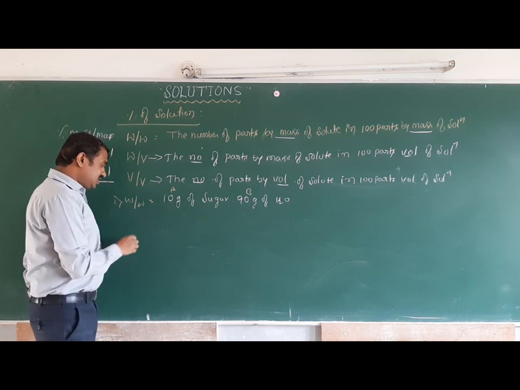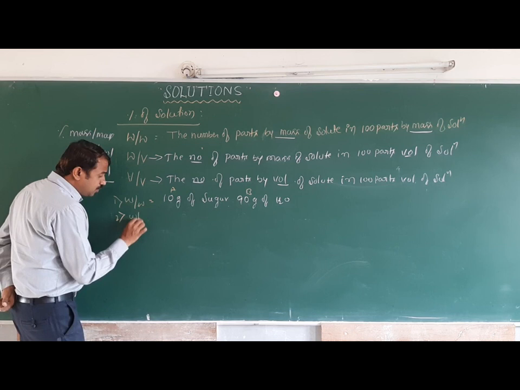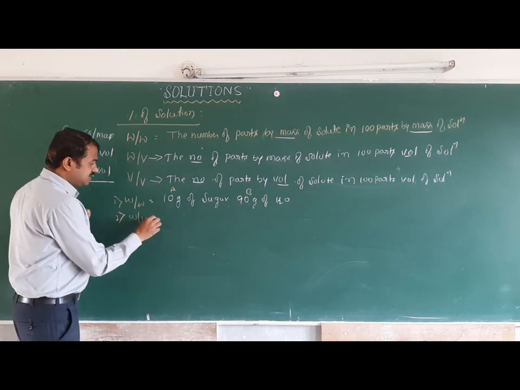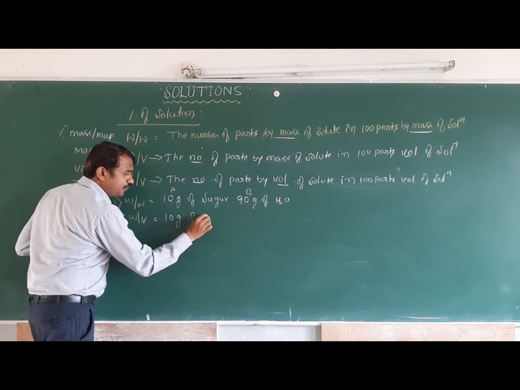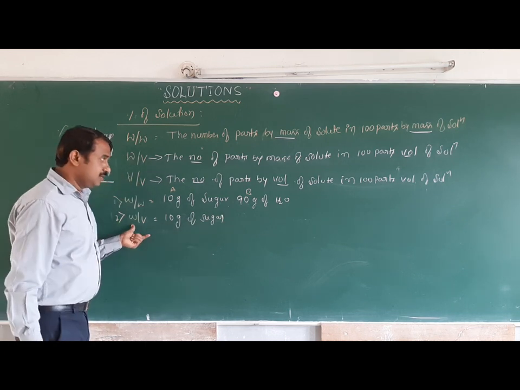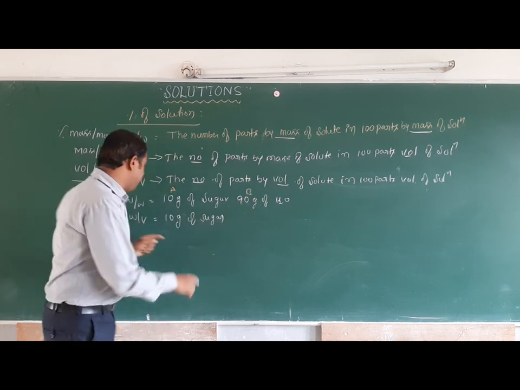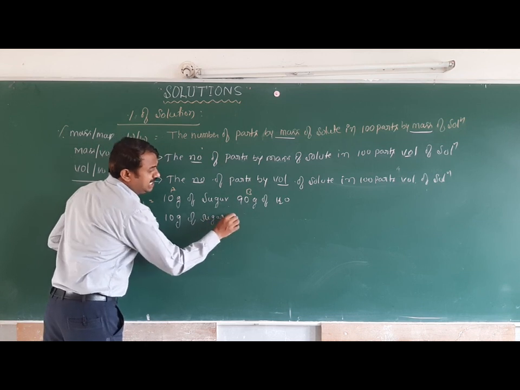Next, the second one, which is very important: weight by volume. The same quantity, 10 gram of sugar, is not dissolved in 90 gram but in 90 ml of water.